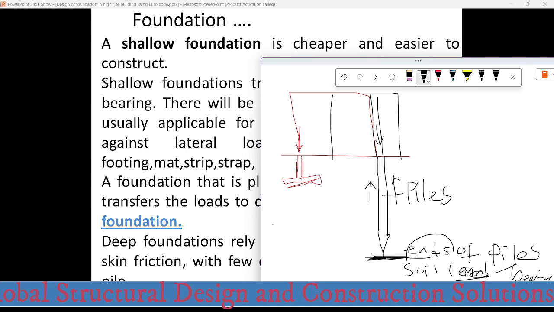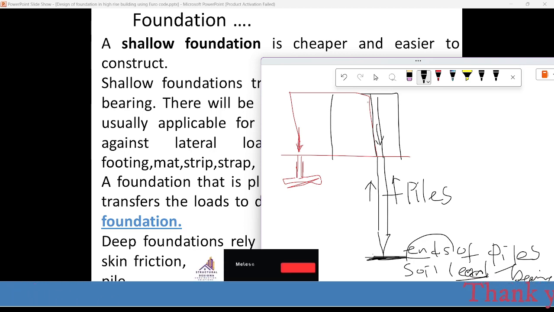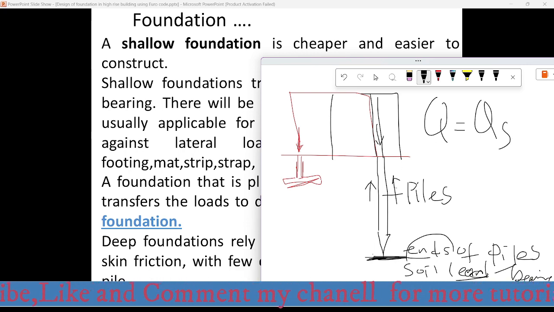So we'll be using two mechanisms: one is side friction and the other is end bearing. So the load coming from the superstructure will be resisted by Q, which is the capacity of the pile, equal to the skin frictional resistance of the pile plus the end bearing capacity of the pile, that is QP.